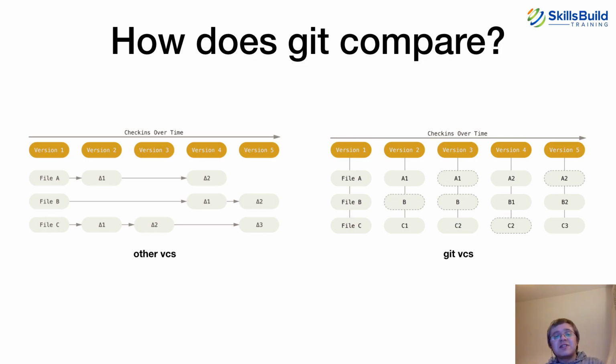Git thinks of its data more like a series of snapshots of a miniature file system. If files have not been changed, Git doesn't store that file again, just a link to it or a reference. So, in other words, Git thinks about its data more like a series of snapshots. And these two accompanying images will help you visualize this difference.